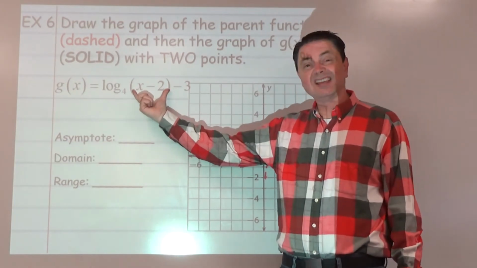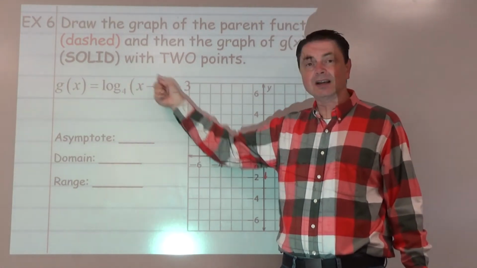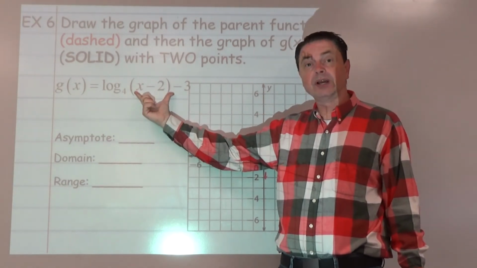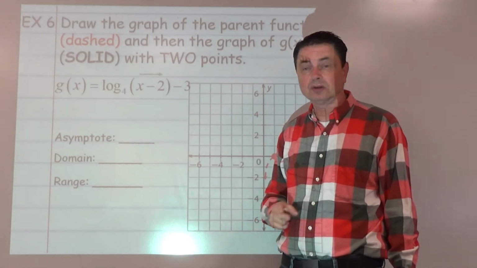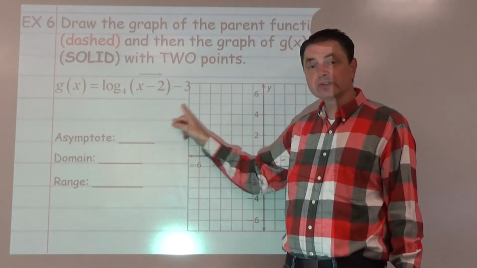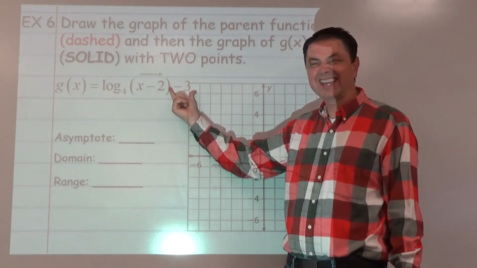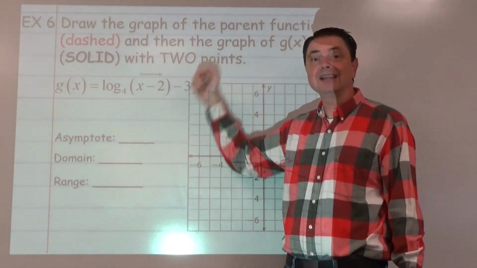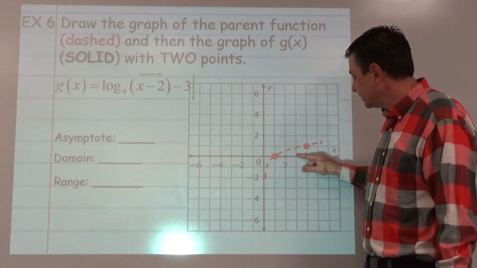Transformations. What's happening here? With the x in parentheses, think opposite. Go to the right 2. And also translate. That was our h. This is our k, down 3. So we're going to take our key points, right 2, down 3.